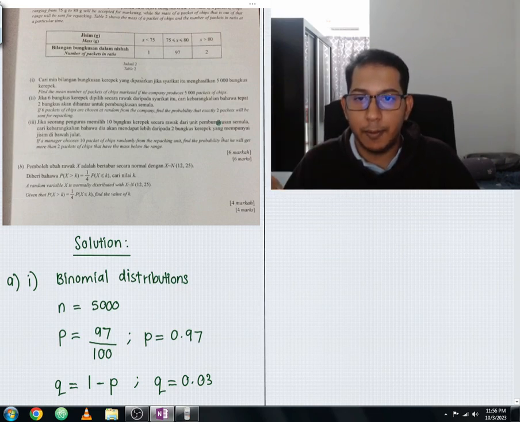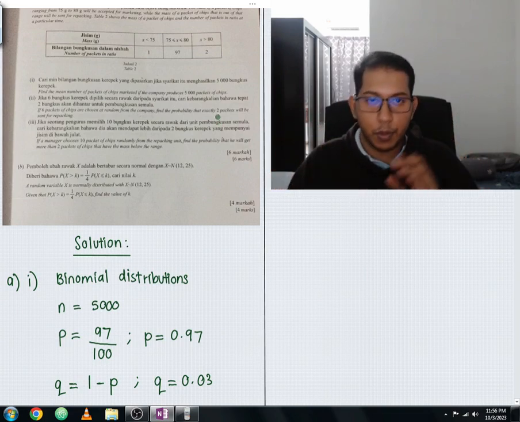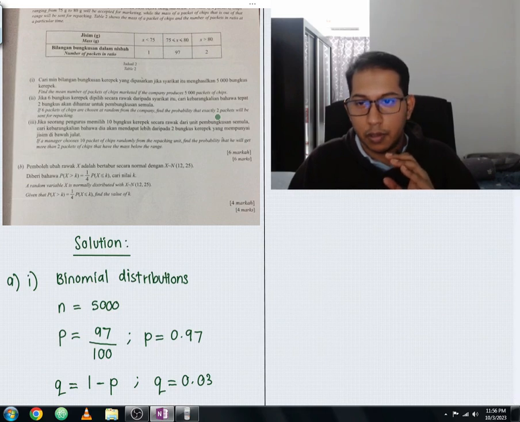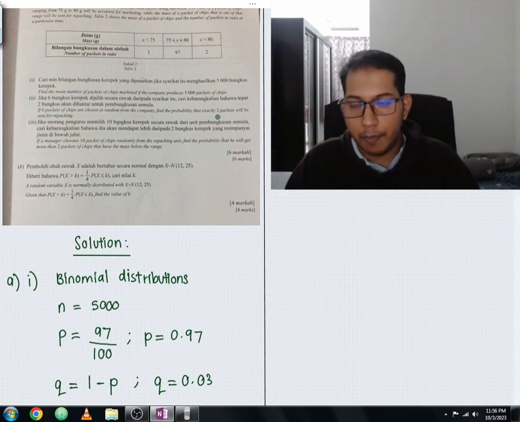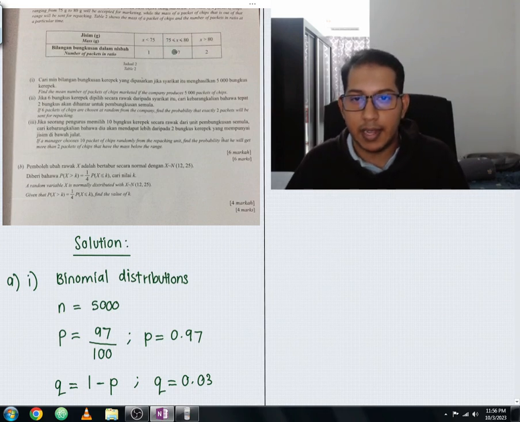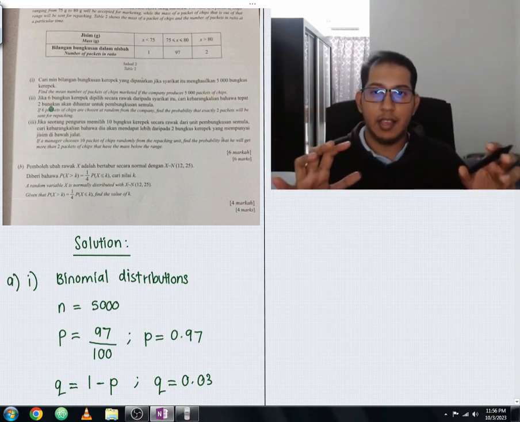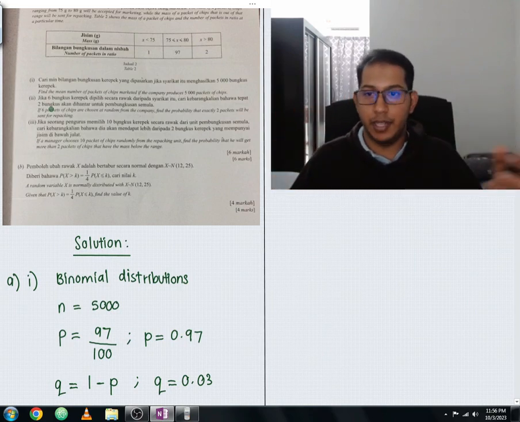What does that mean? That means you don't want your packet of chips within the range. Let's say in the previous question the packet of chips should be within 75 to 80, right? But for question A part 2 you don't want it to be within 75 to 80. You want out of range.